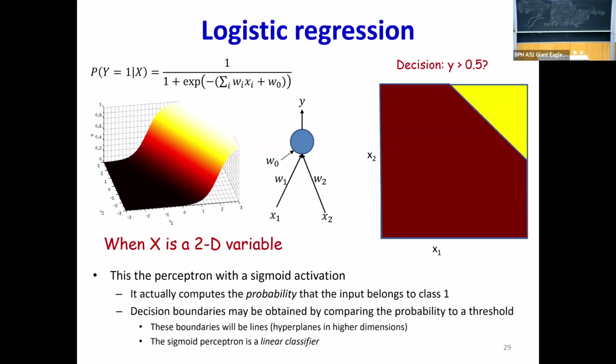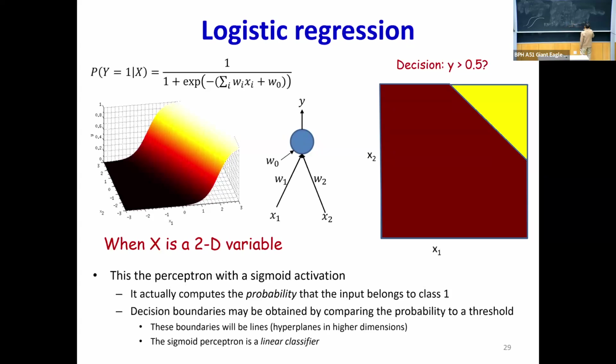What would that locus be? Anybody? That's going to be a line, because we have 1 over 1 plus e raised to minus w0 plus w1 x equals 0.5, right?